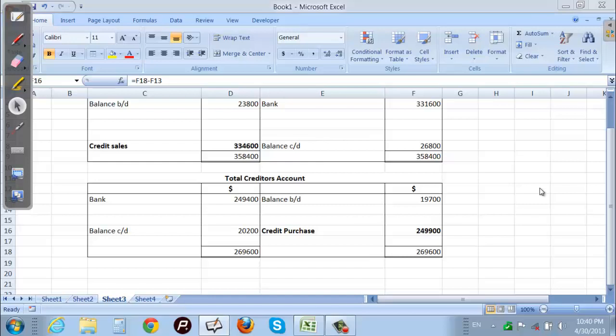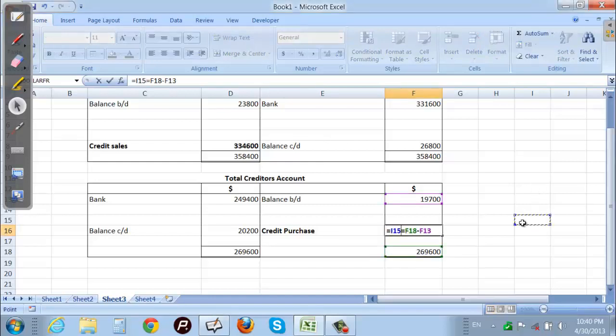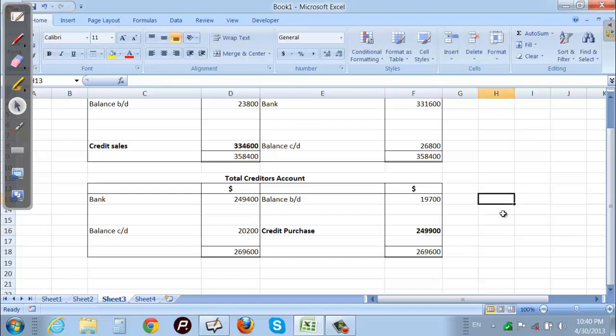As per the total creditors account, we know the amount of purchase is $2,49,900, but now we have to subtract $4,000 from this figure, as Anjali has withdrawn goods costing 4,000 for her private purpose.